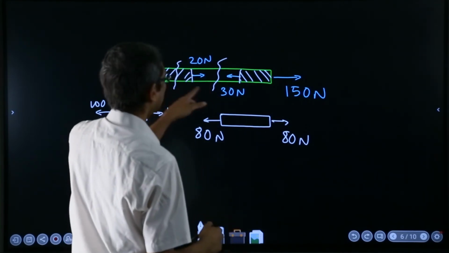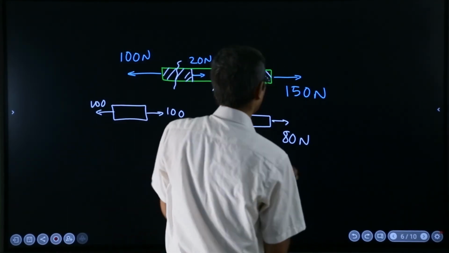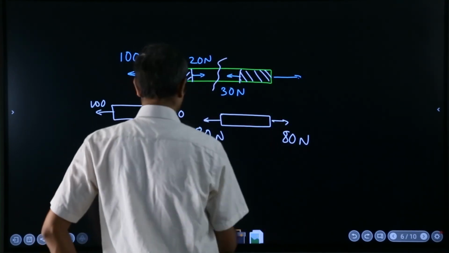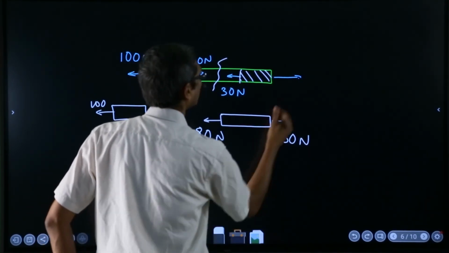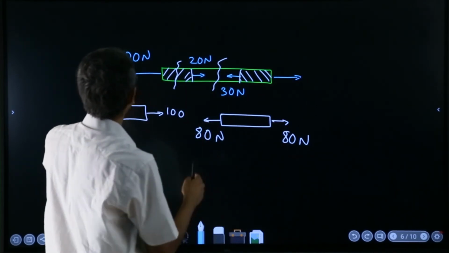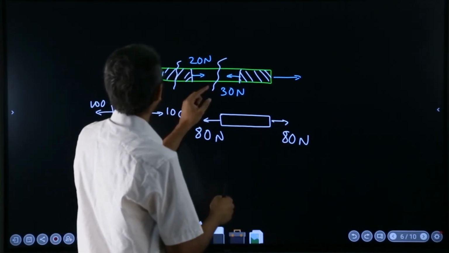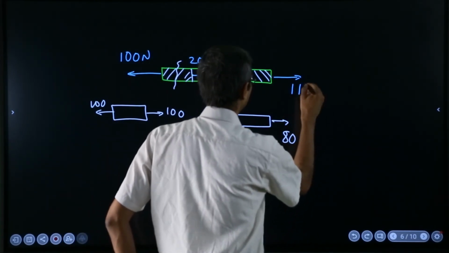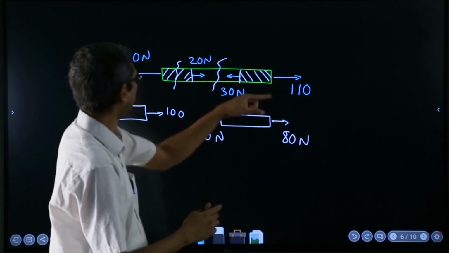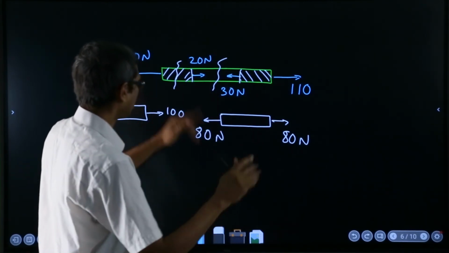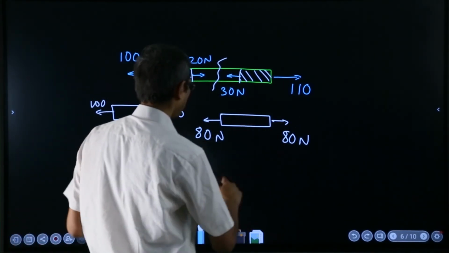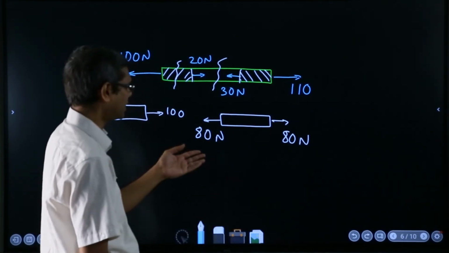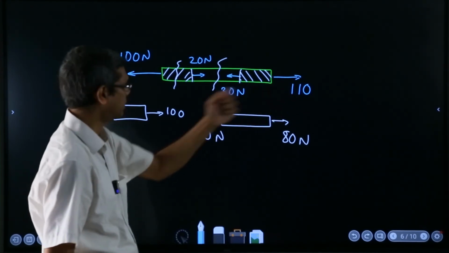Because this is not in equilibrium now. This is coming to be 130, then this is 20, so 110, right? This is 110. Now it's in balance. So this side 130 and this side 130. Then if you do it from this side, again 80, right? That's what I was trying to see, and then I realized that I had done it wrong.